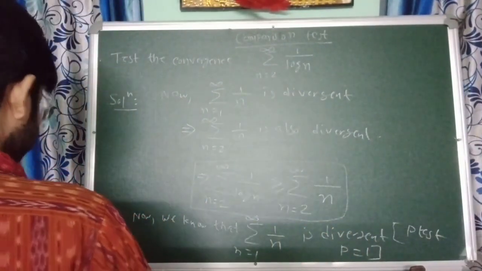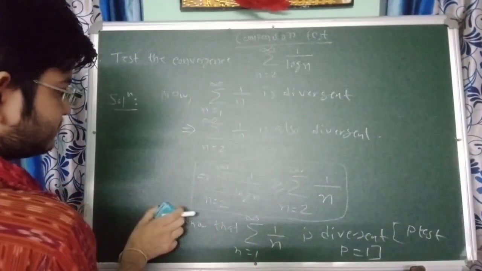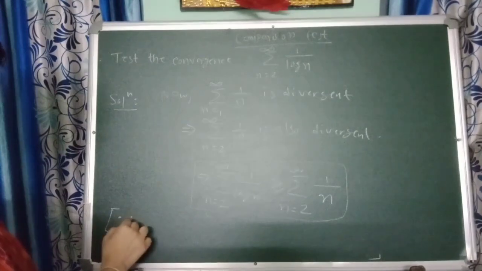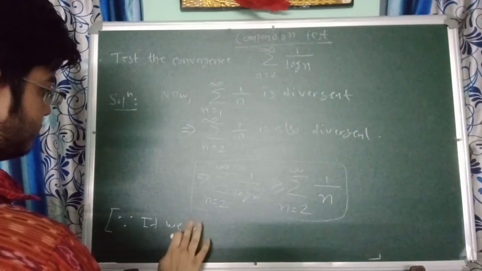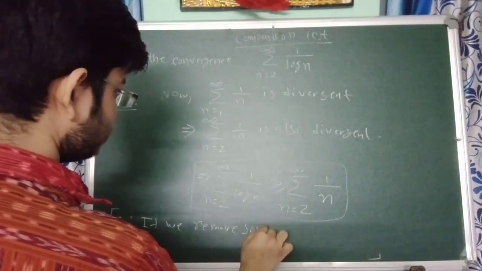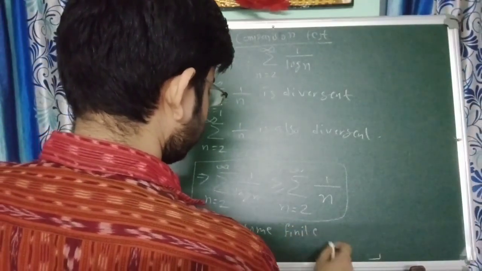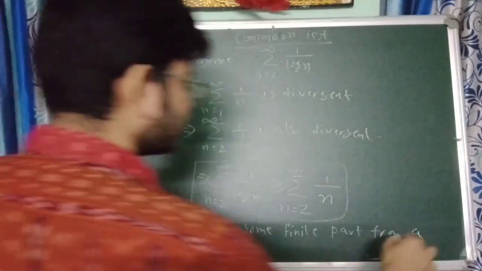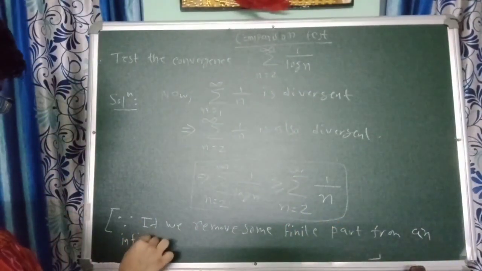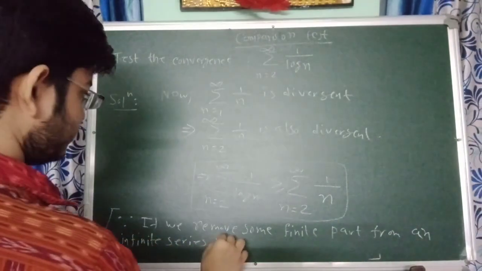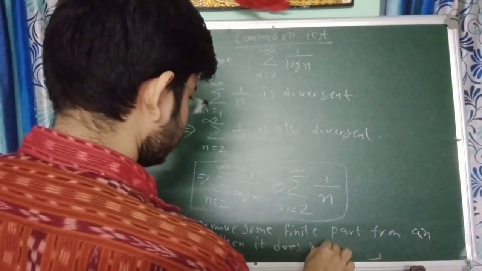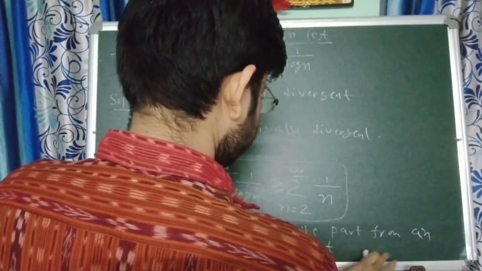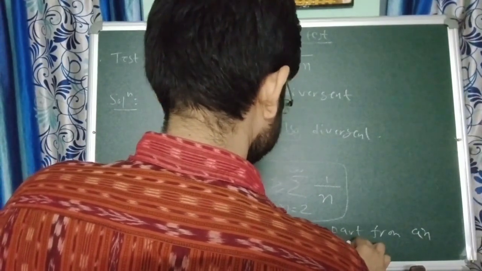This part is also divergent since if we remove some finite part from an infinite series, then it does not change.